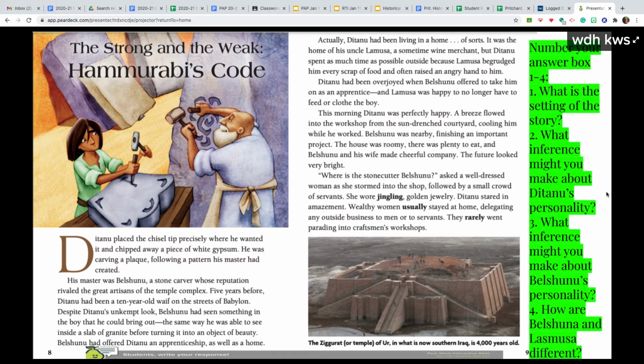Not only did he deny food to the boy, he also beat him. And he was also drunk often. But then we have Belshunu, who took a random 10-year-old homeless boy off the streets, gave him a home and a job. So two very different father-like figures here for this boy.